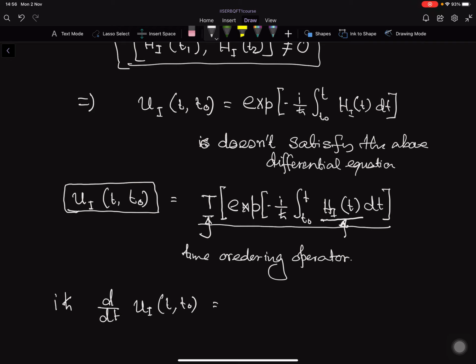The question is that in the absence of time ordering, I have to think about various orderings of this Hi of t, where to put the Hi of t.